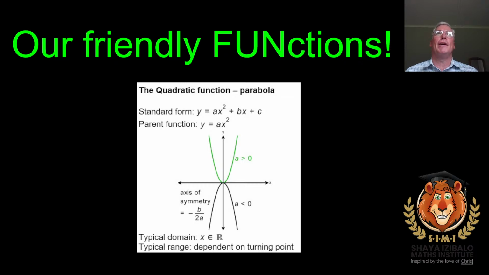The standard form is ax squared plus bx plus c. The typical domain can go as far left and right as we like. But the typical range depends on the turning point and the concavity, because if it's a concave up one, it won't go below the turning point, and if it's a concave down one, it won't go above the turning point. Makes sense? It always makes sense.